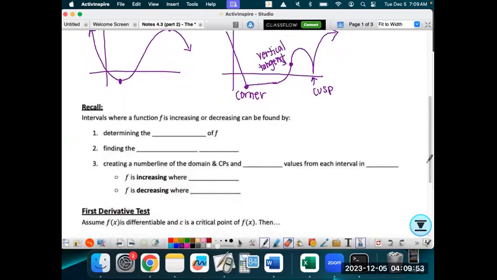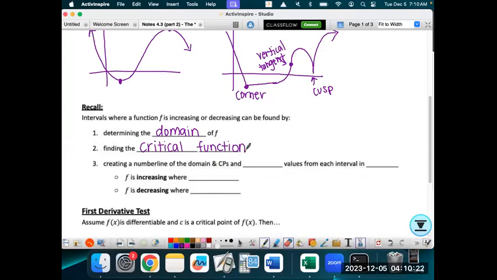Next thing that I want to recall is how do we figure out where a function is increasing or decreasing? First thing that we want to do is find the domain of our function. This is essentially finding where our function is increasing or decreasing. We have to find the critical points. And finding the critical point starts off with figuring out the domain of the function. That way we don't accidentally say that a point is a critical point when it's not even defining the function in the first place.